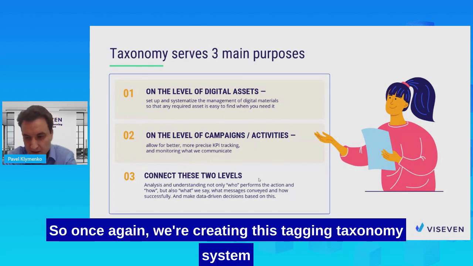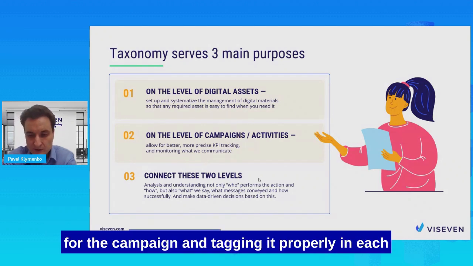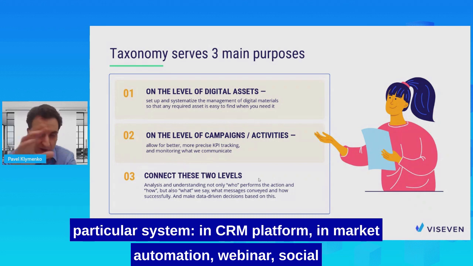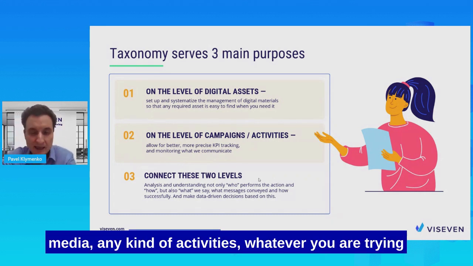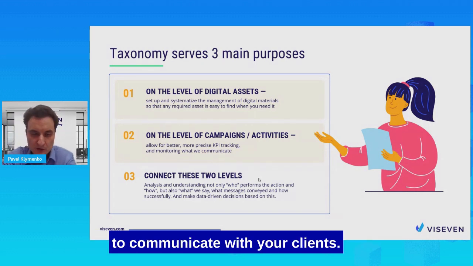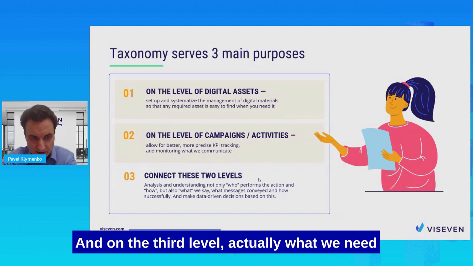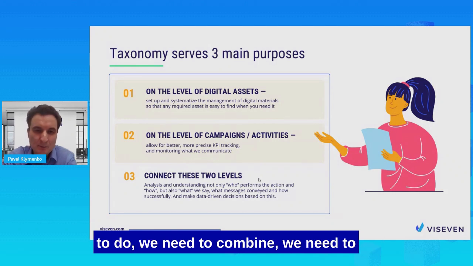Once again, we're creating this tagging taxonomy system for the campaign and tagging it appropriately in each particular system: CRM platform, marketing automation, webinars, social media, any kind of activities, whatever you are trying to communicate with your clients.